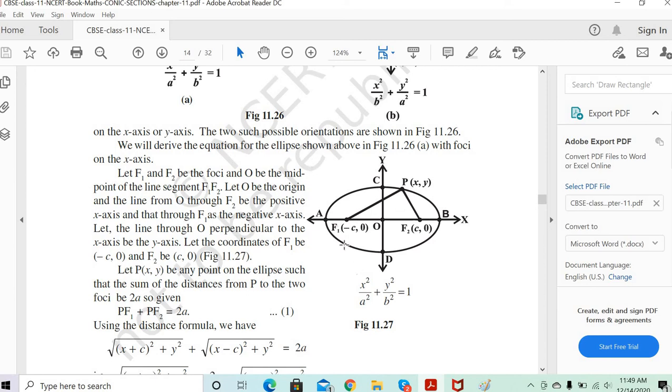Since the Cartesian coordinate system is divided equally, the coordinates will be minus c comma 0 and plus c comma 0. Now as per the definition of the ellipse, PF1 plus PF2 should be constant, and we already figured out the constant. It should be equal to 2a.